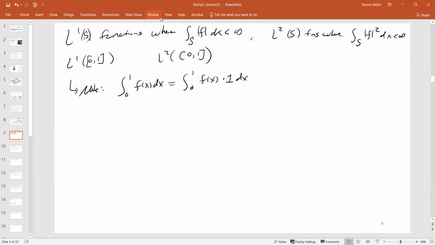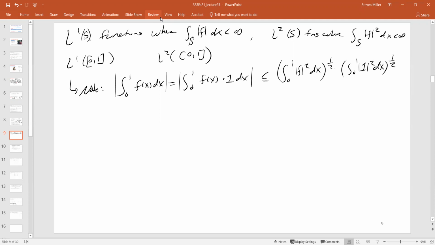Cauchy-Schwarz, right? Gets someone back on the board for non-complex reasons. So that's not fair to Riemann. If we take absolute values, this is going to be less than or equal to the integral from 0 to 1 of f squared dx to the 1/2, times the integral from 0 to 1 of 1 squared dx to the 1/2.